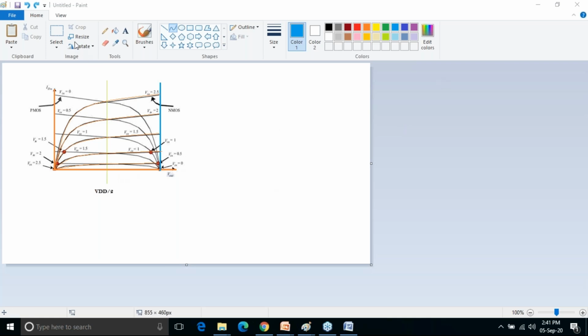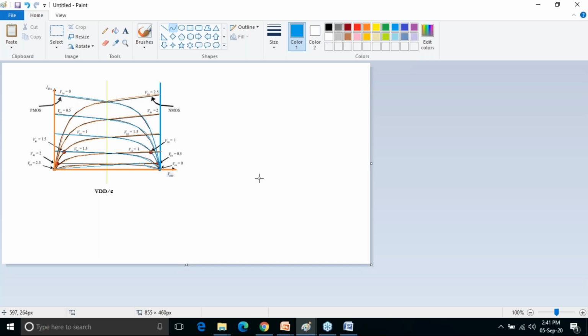Okay. Now I need to draw the P MOSFET characteristic. So how to do it? Just go from this side. First we have drawn from this to this side. Now we are going from blue to orange side. So first we have drawn for 0, then 0.5, then you are able to see the blue color is changing. This is 0.5 and this is 0. Now, have you done up to this?